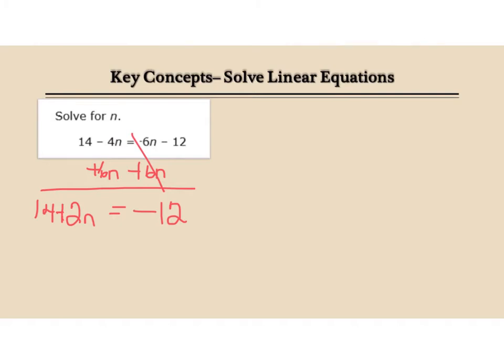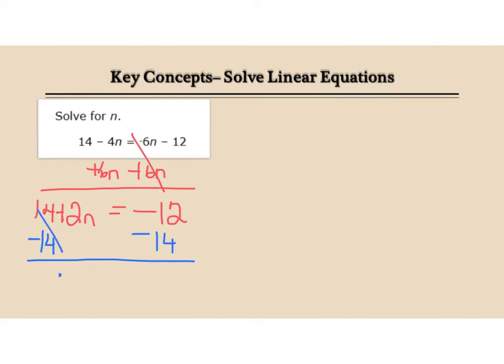Step 4 is to get all of the numbers, not your variable, but the numbers on the other side by using the inverse operation. So I have a 14 on the left. I need to get rid of it by using the inverse operation. Well, it's positive. The opposite of a positive is a negative. So I'm going to subtract 14 from both sides.